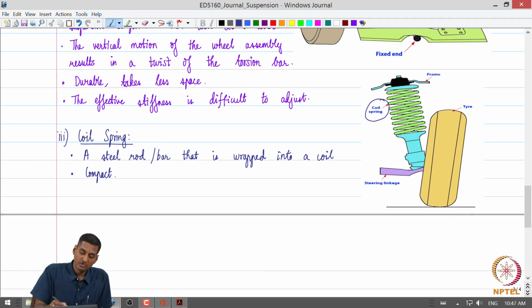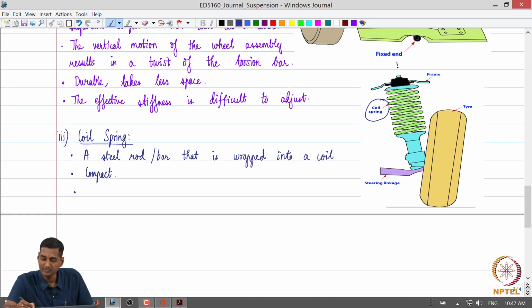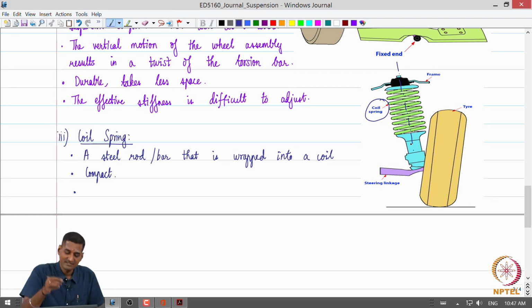Okay. So, that is an important advantage, but please note that the coil spring is going to provide support only along its axis. So, it is very compact and consequently used where space availability is a constraint. However, the coil spring will provide support to the suspension and to the vehicle body only along its axis.